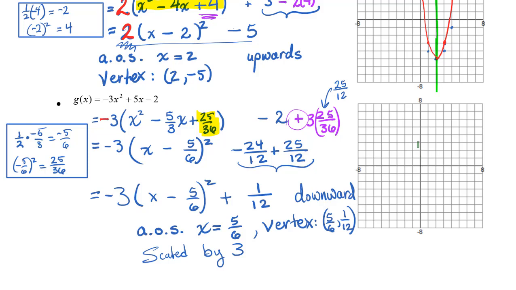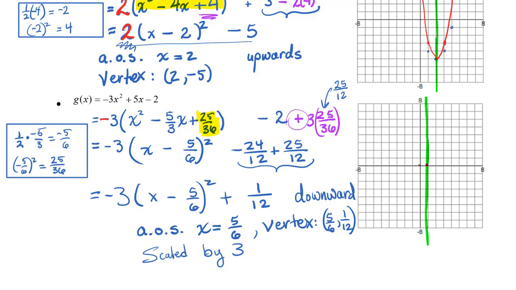So now I can draw this. I find my axis of symmetry, x equals 5/6, which is just slightly left of 1. My vertex is at (5/6, 1/12). And I can now draw this parabola.